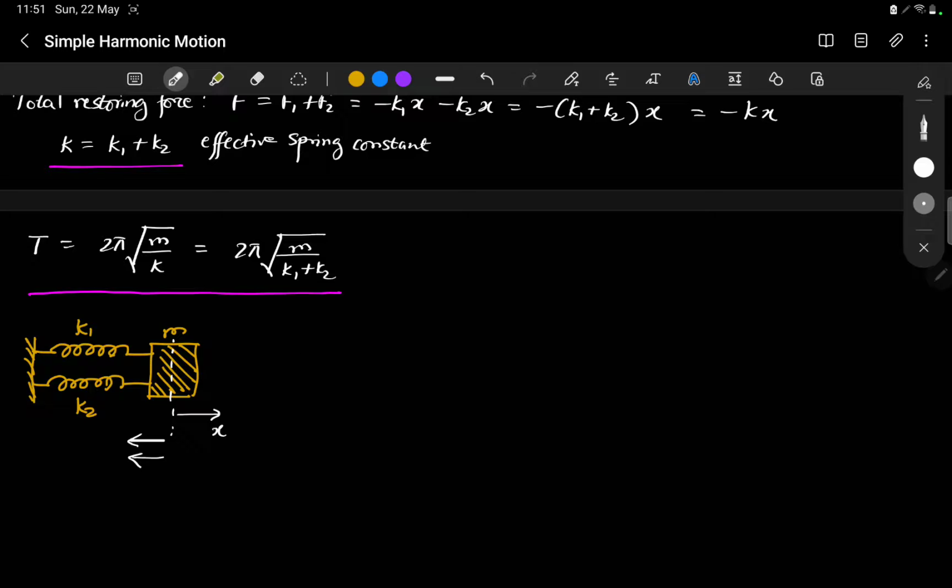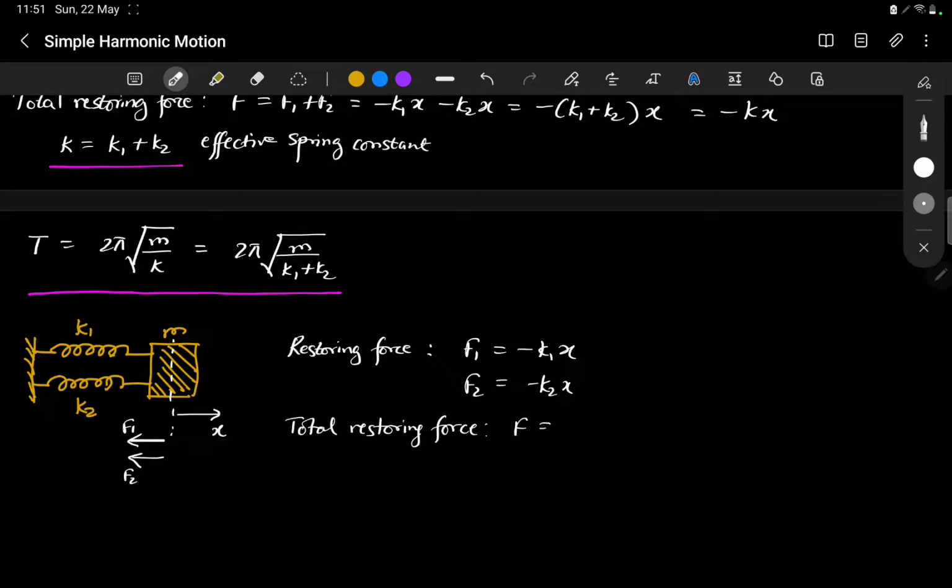So if we write down the restoring force, this is from spring 1, this is from spring 2. We see that F1 is equal to minus k1 x, F2 is equal to minus k2 x. So the total restoring force will be the sum of this. Both are acting in the same direction.